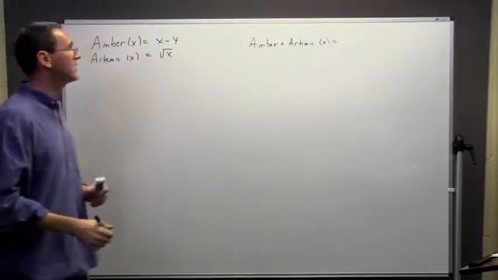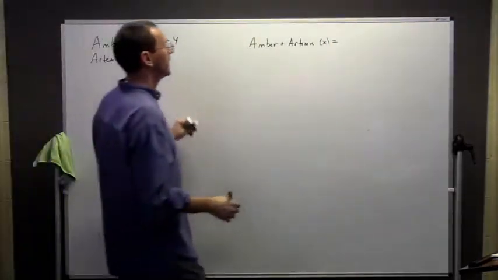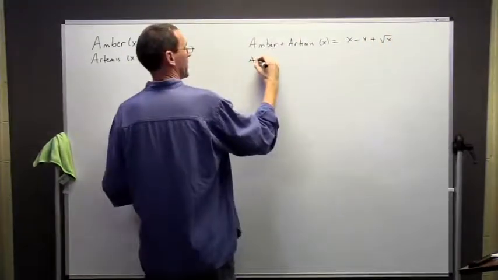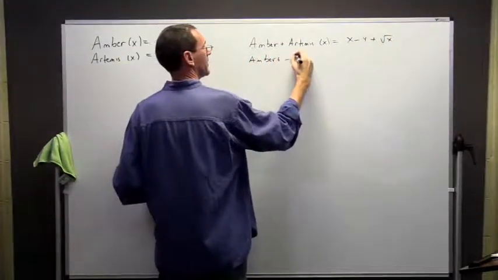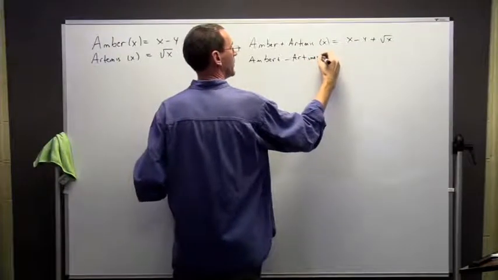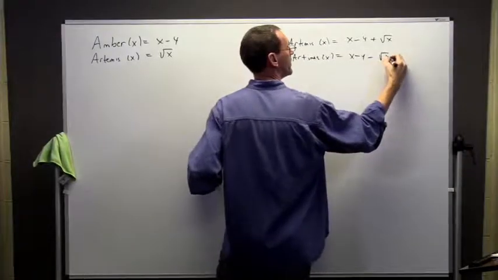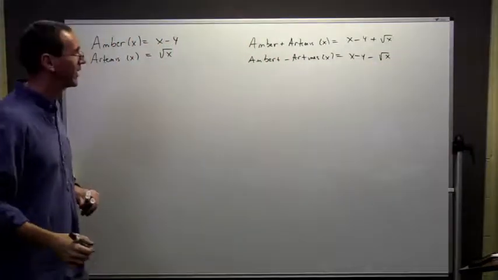So this basically just says take those 2 functions and add them, and I get x minus 4 plus square root of x. I can subtract. So we're going to get the Amber minus Artemis. I can multiply.